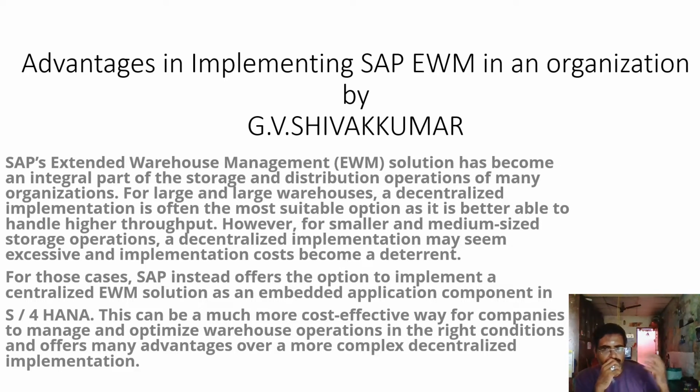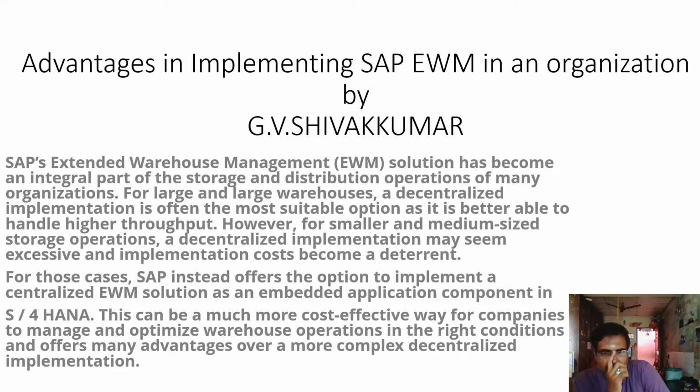Whereas in EWM, we have ASRS and all the field level warehouse equipment, carousels, conveyors, forklift, RFID, and every automated system or external third party system or 3PL vendors can be easily connected. 3PL logistics systems can be connected well by default with SAP EWM.